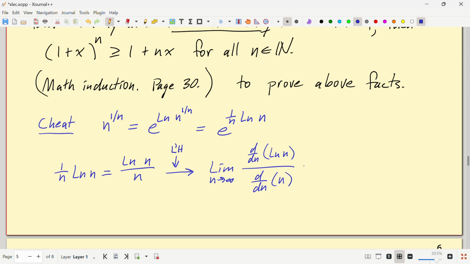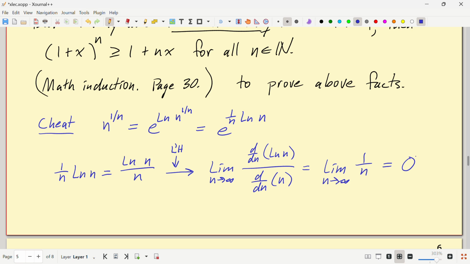And of course, that's the limit as n goes to infinity of 1 over n. And that's 0. And the exponential function is continuous at 0.